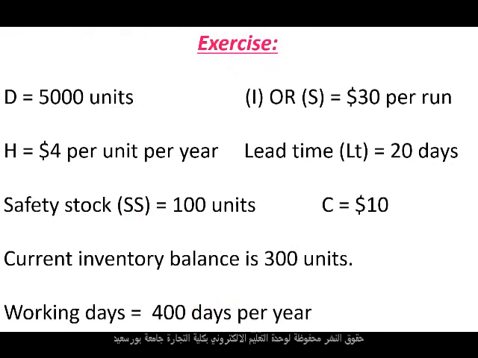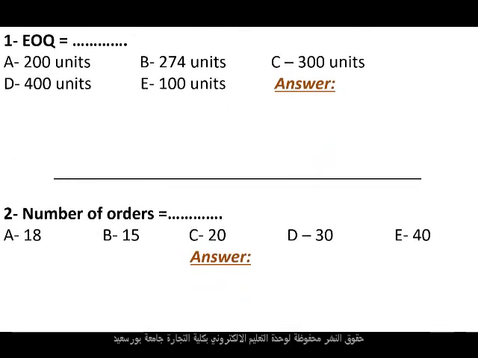The last exercise. You have D of 5,000 units, I of $30 per order, H of $4 per unit per year, lead time of 20 days, cost of $10, safety stock of 100 units, current inventory balance of 300 units, and working days of 400 per year.